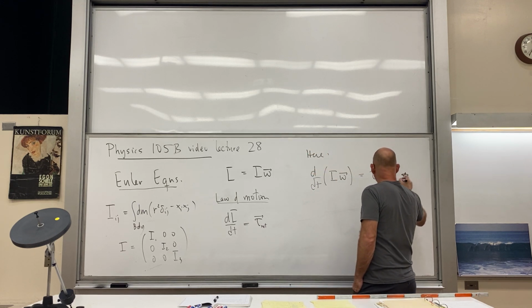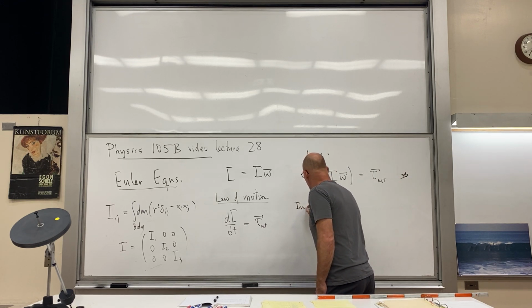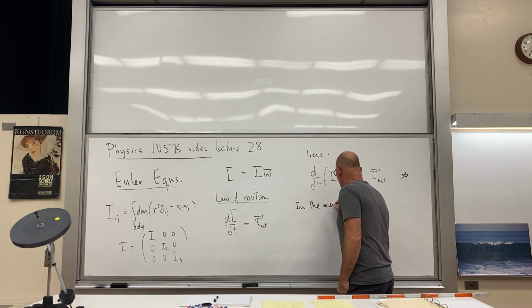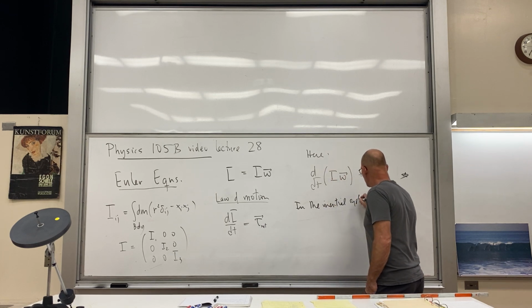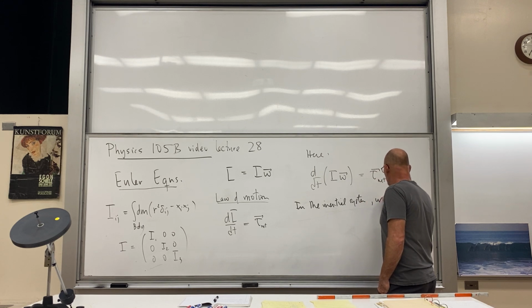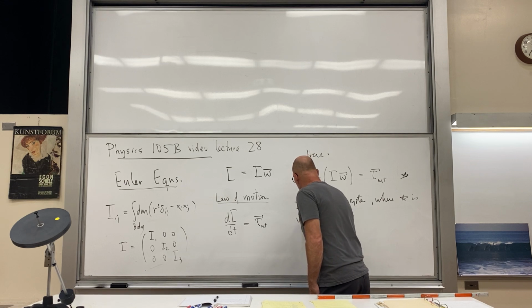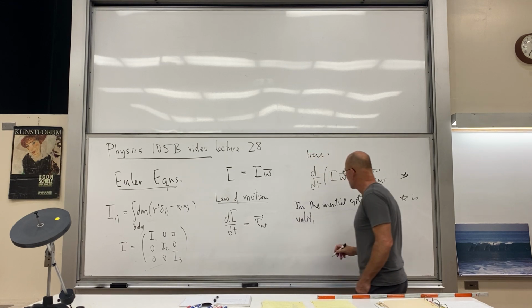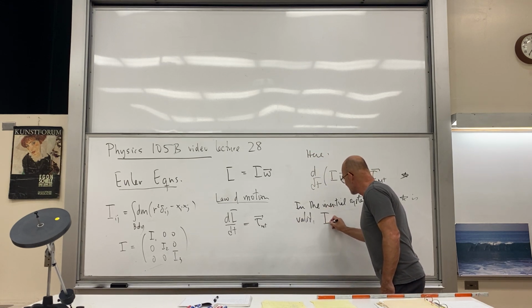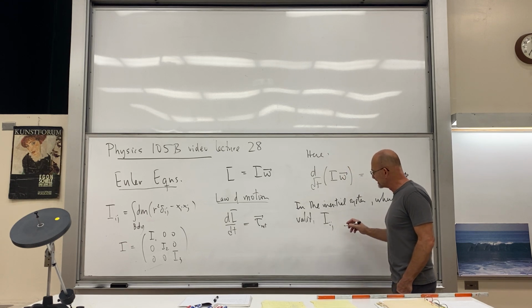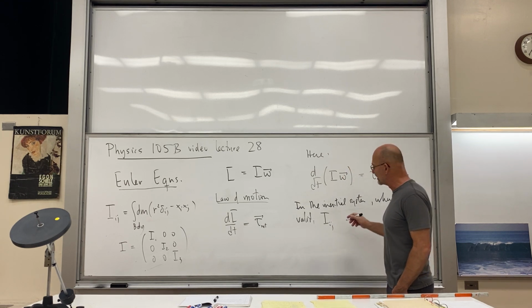Okay, so I'll just put that as a note. I'll just name this star. In the inertial system, where star is valid, the inertial tensor is a function of the time.